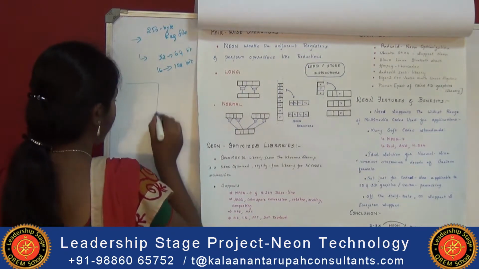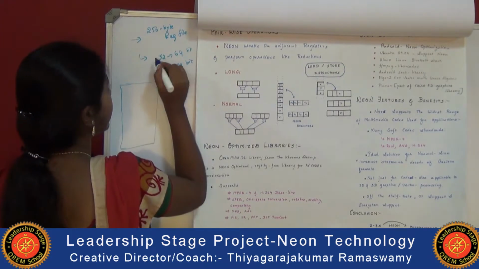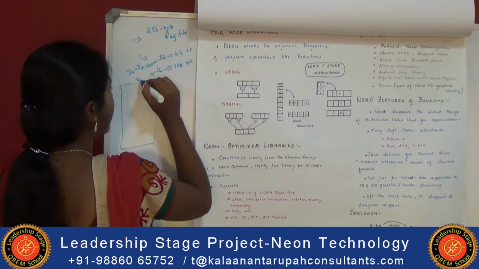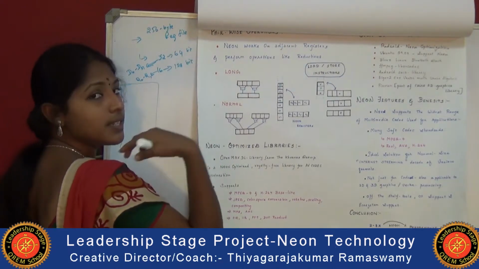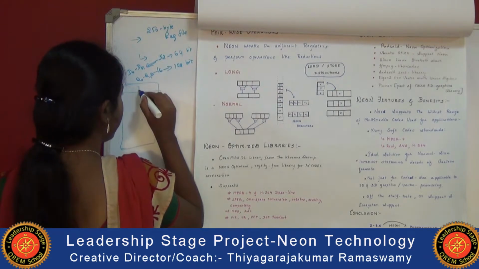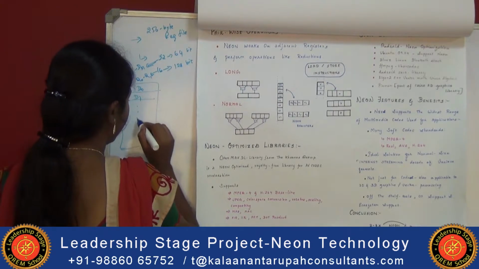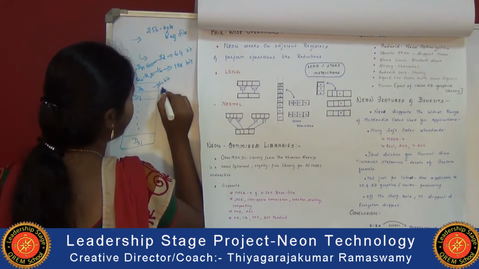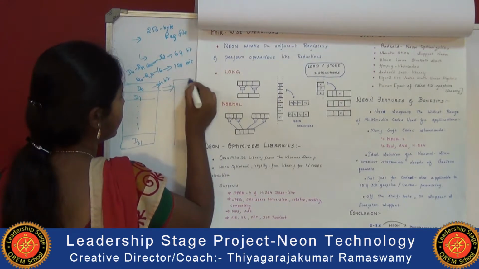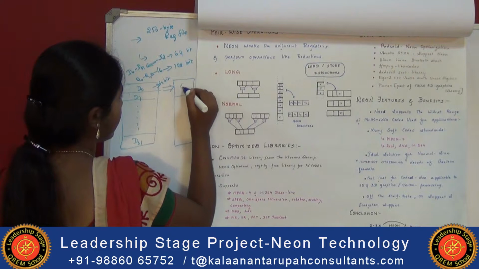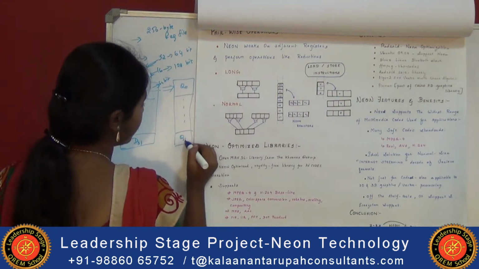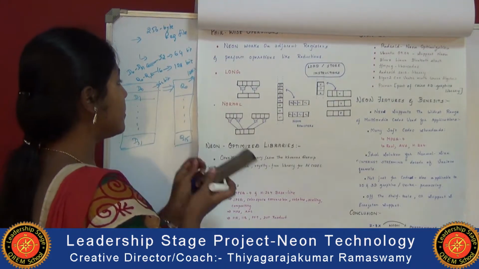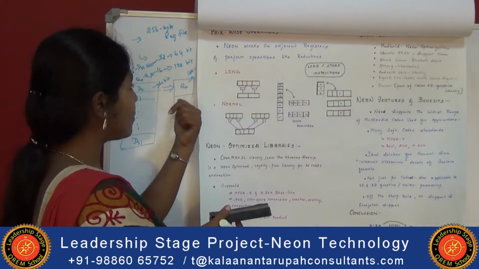So in the example, the 32 64-bit registers are denoted by D0 to D31, and the 16 128-bit registers can be denoted by Q0 to Q15. So first it will be D0 and D1, and the same thing up to D31. These are 64-bit. But when this is given for 128-bit, the resultant will be Q0 up to Q15. This is 128-bit.